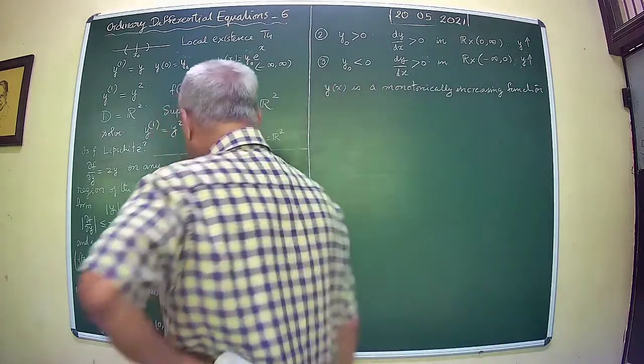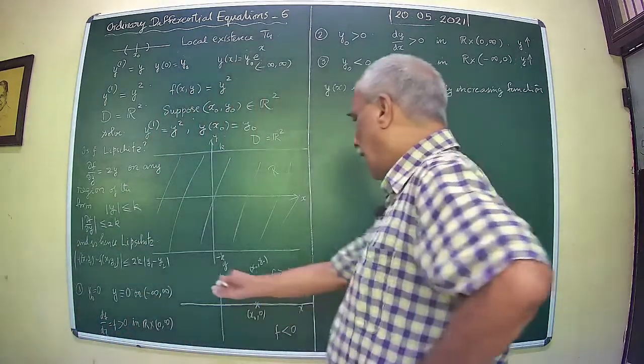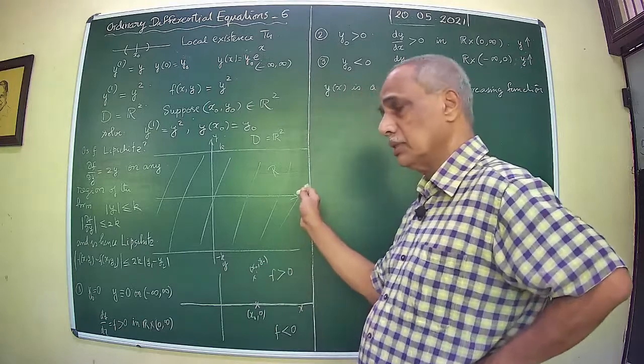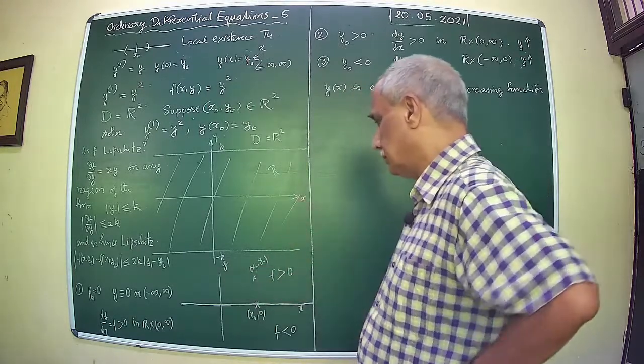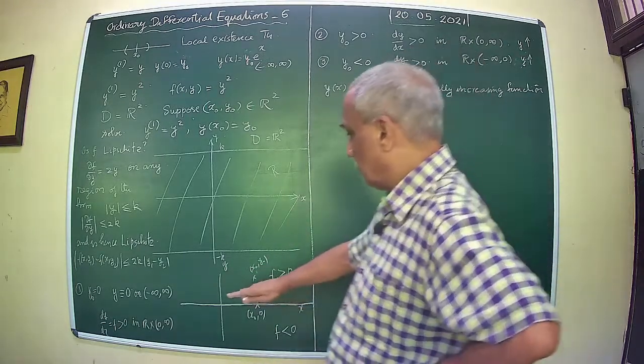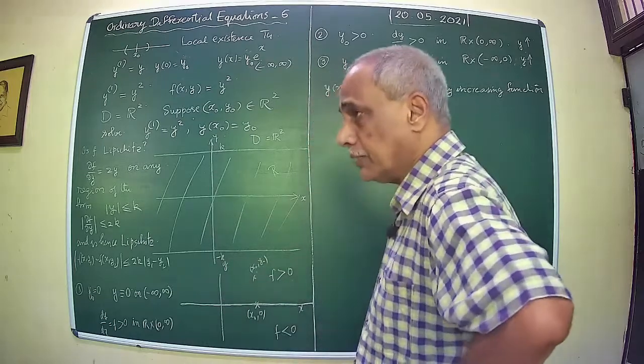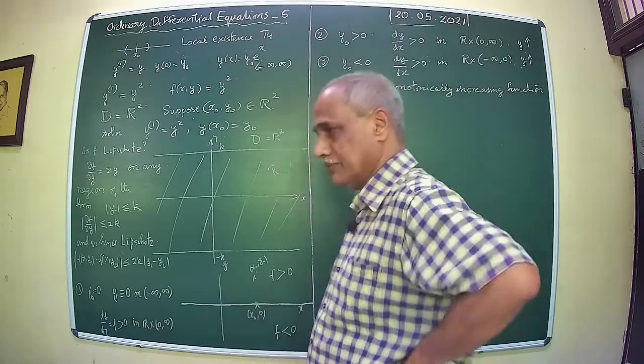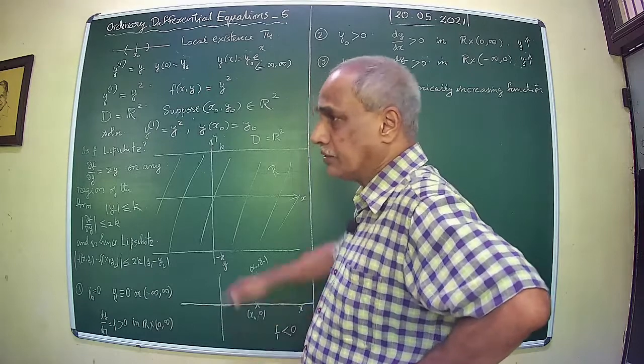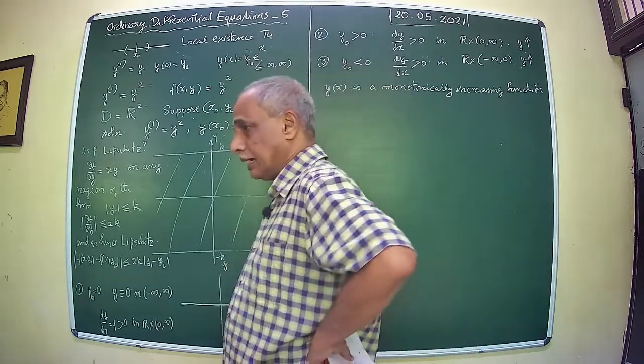And you also observe that the graph grows sharper as y tends to plus infinity or minus infinity, because y square increases sharper.